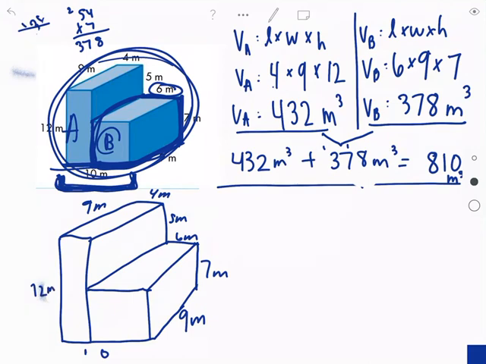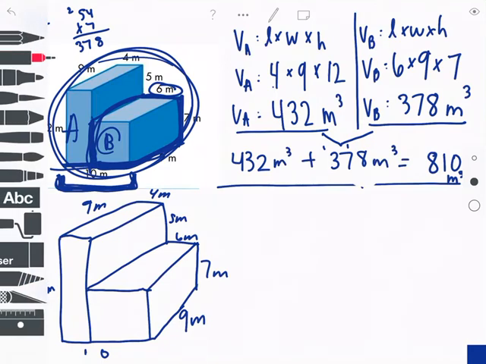So we did it this way, right? We cut it going downwards. Now, if we wanted to cut it the other way, if we wanted to cut this way, we can still find the end value is going to be the same, but volume A and volume B might be different.